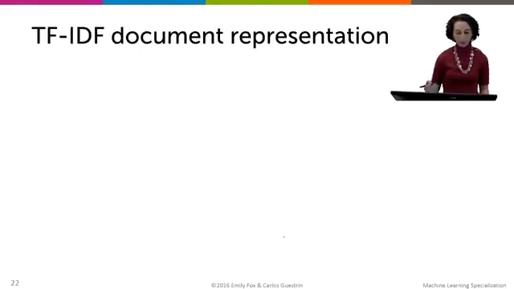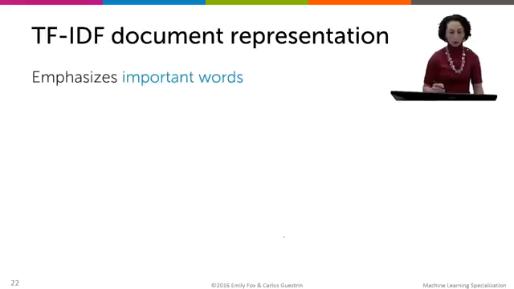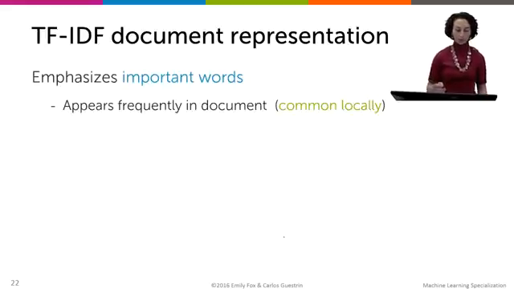So an alternative representation that we can consider is TF-IDF, term frequency inverse document frequency. This, again, is something that we talked about in the first course, but it's important to review because this is a representation that we're going to work with very commonly here. TF-IDF emphasizes important words in the following way.